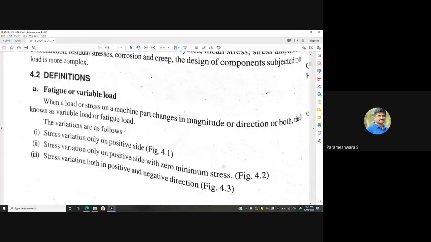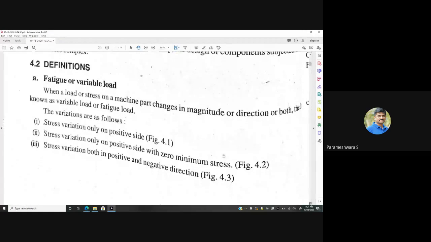The first is stress variation observed only on the positive side, then stress variation in the positive side with zero minimum stress, and variation in both positive and negative directions. These are the three conditions observed in case of fatigue load, or in other words, you can also call it variable load.